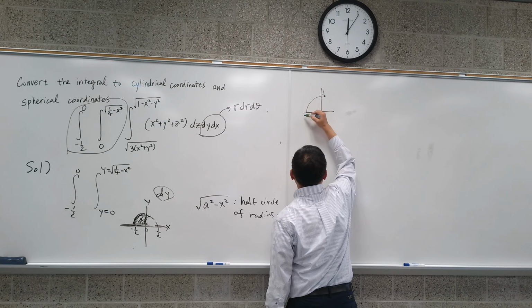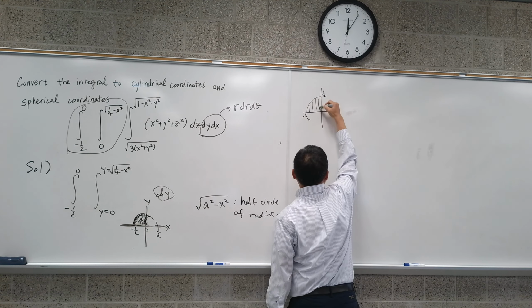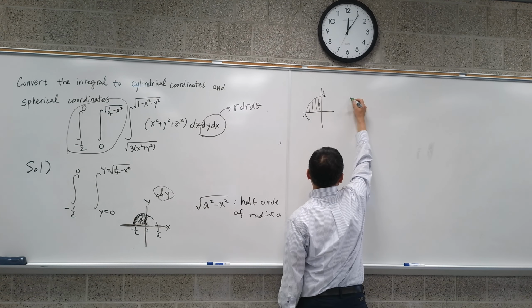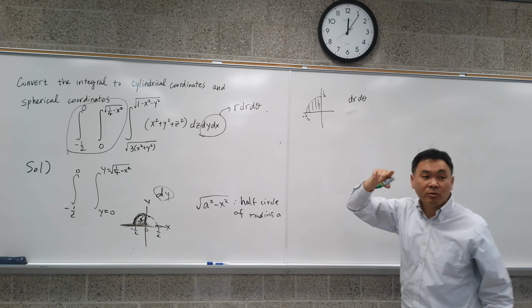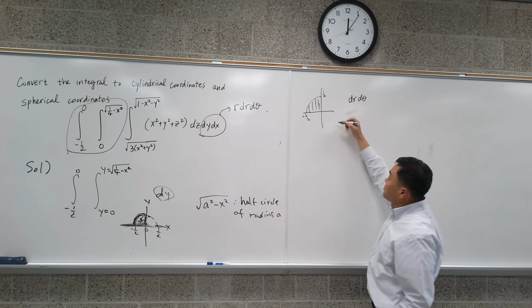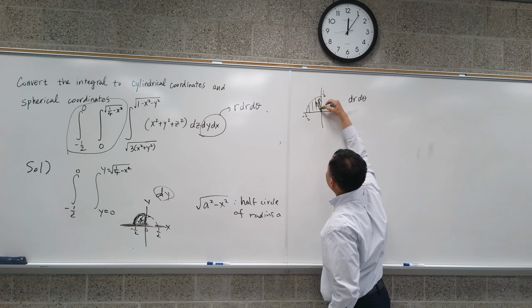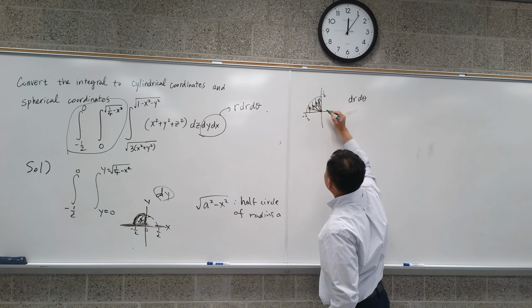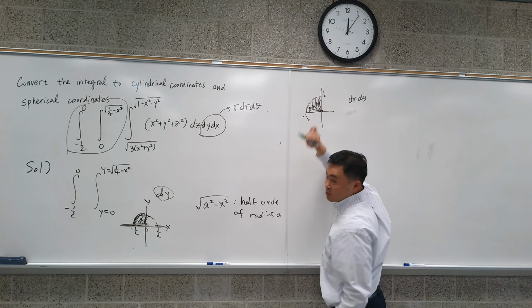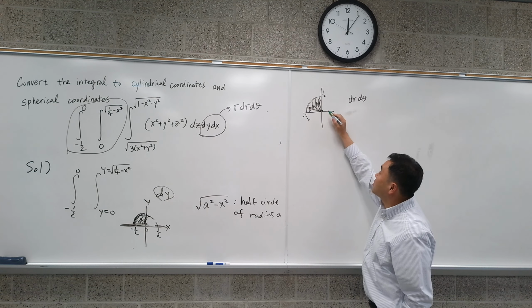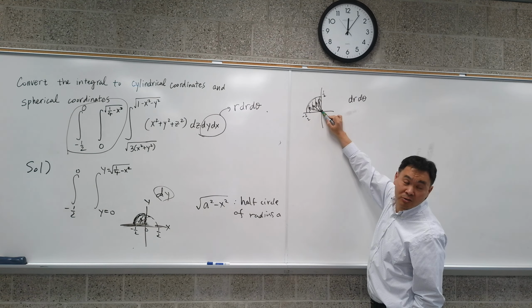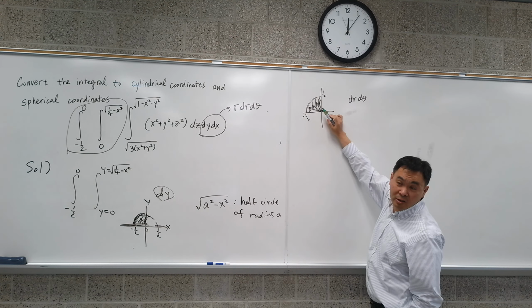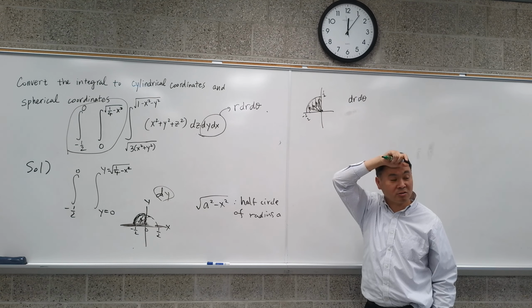It's 1/2. How do you paint this region in terms of dr d theta? Well, first, dr means you're painting this region radially, right? You start from here, you end there. So when you're here, what's the value of r? 0. r equal to 0 is the origin because r is the distance from the center.